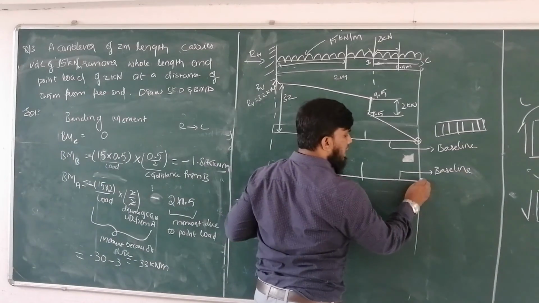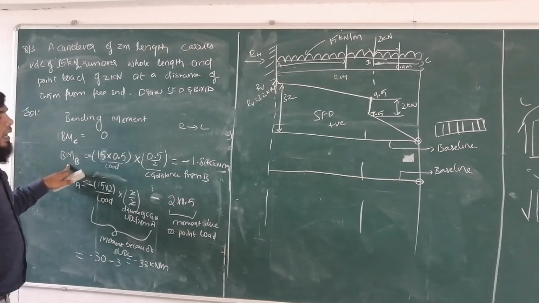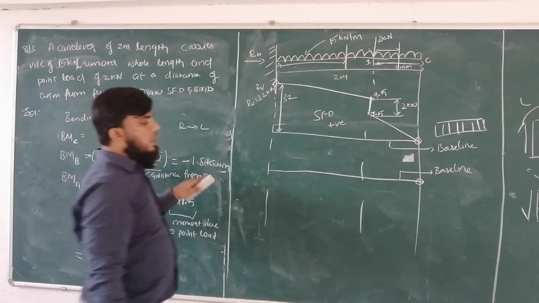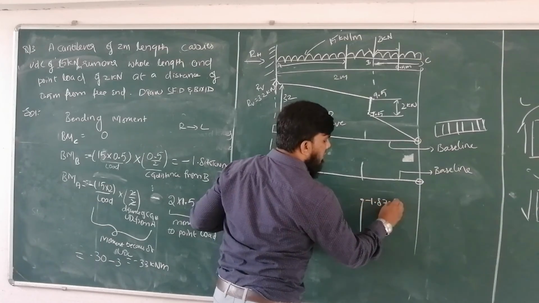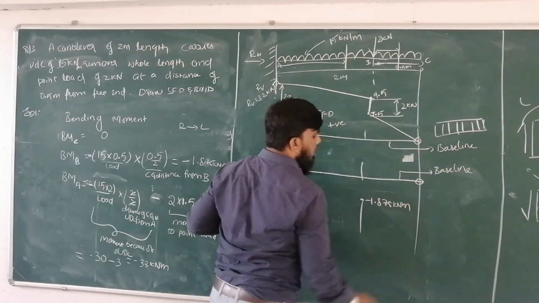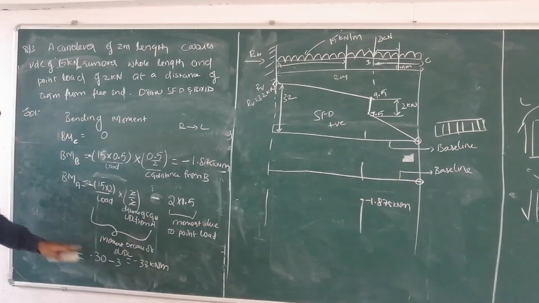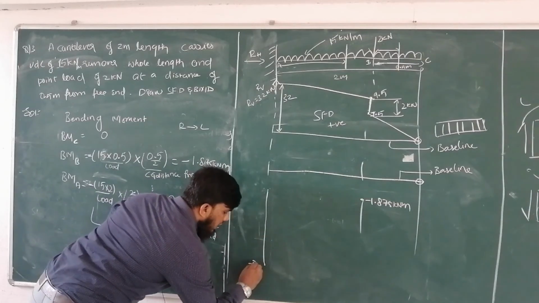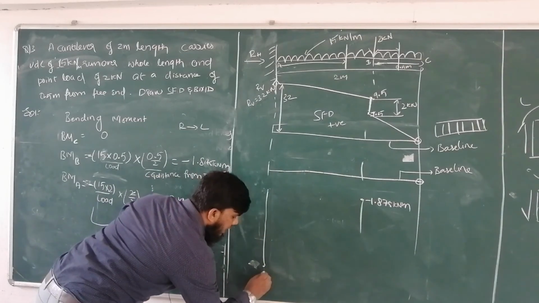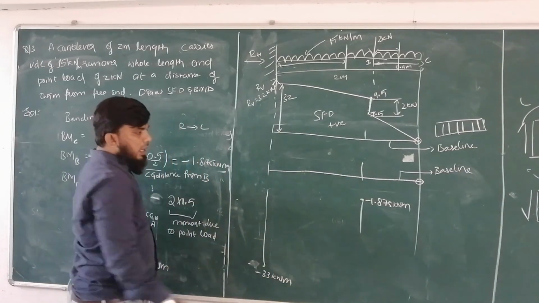At point B it is minus 1.875 kilonewton meter. Next at point A it is minus 33 kilonewton meter.